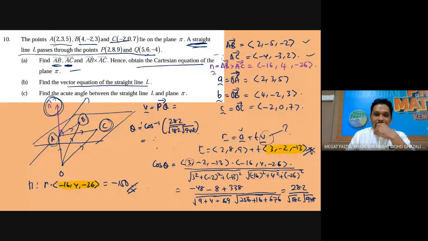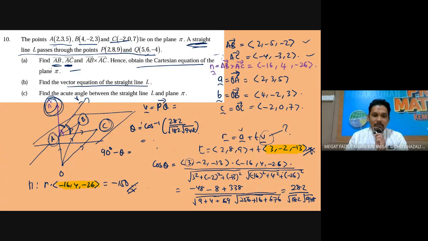Okay, and this angle represents the angle between the normal and the V of the plane. So we need to come up with 90 degrees minus theta. Then it gives you the angle between the straight line and the surface of the plane. Okay, class, are you all still with me? Yes. Okay, so can you please find out the value of cos inverse of 282 divided by square root of 182 and square root of 948? 47.24.